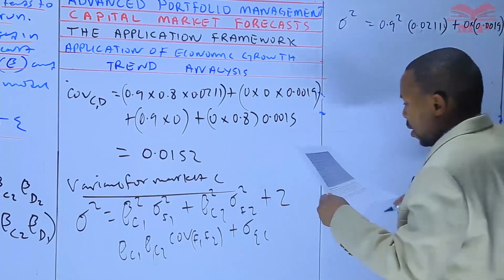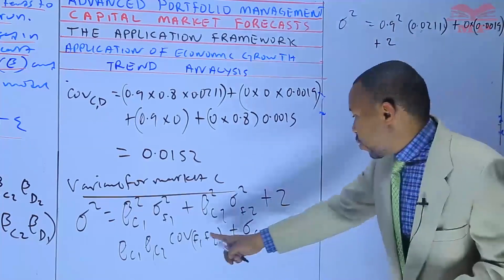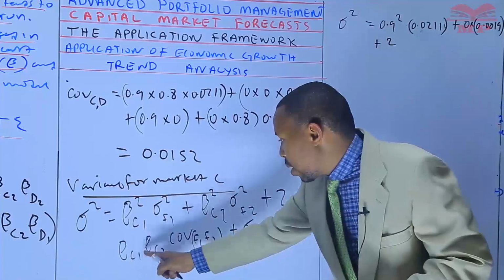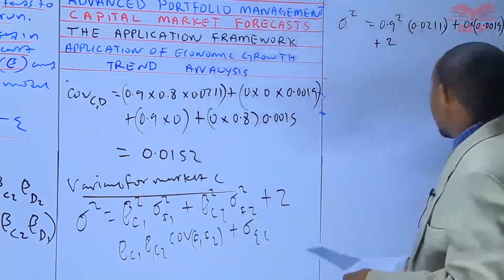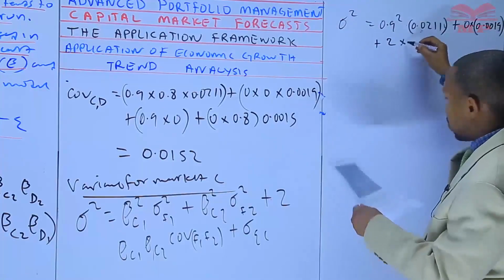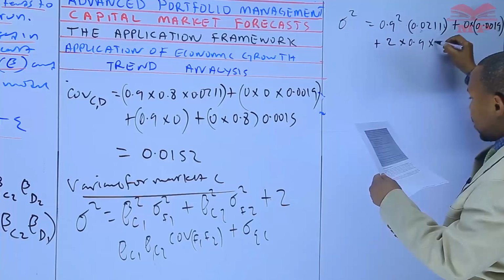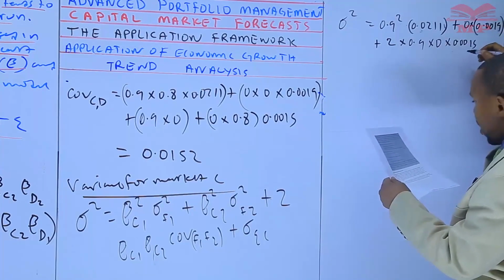And then we have 2 multiplied by 0.9 multiplied by 0 multiplied by 0.0015.